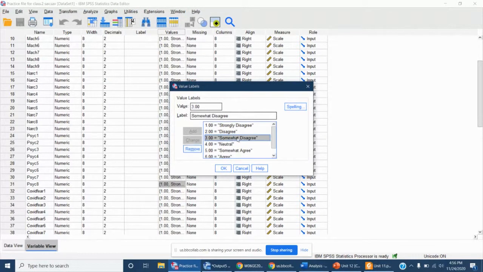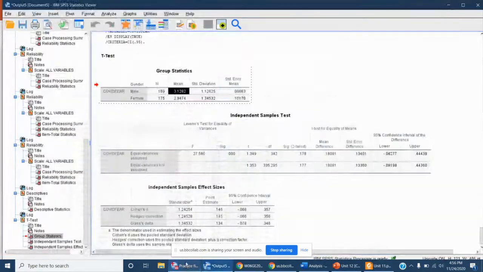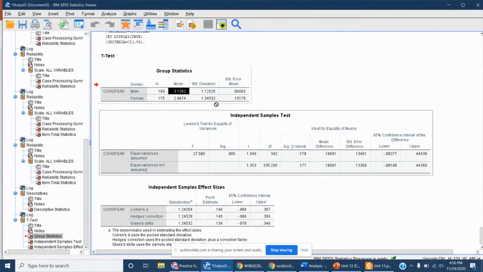So our means are around 3, which means both groups have means around 3. And you see that males' perception regarding COVID threat is higher as compared to females, because females are leaning towards neutrality. The males' mean is high, but the mean of females is less.